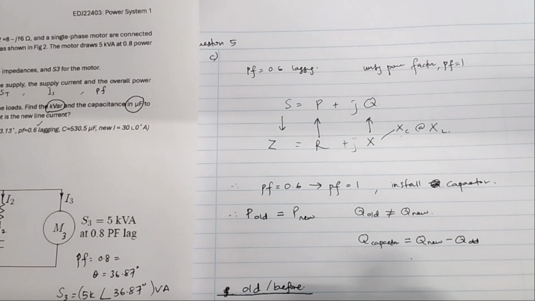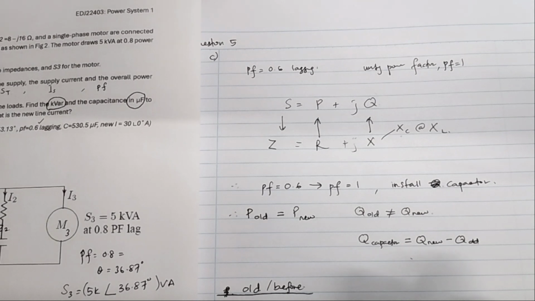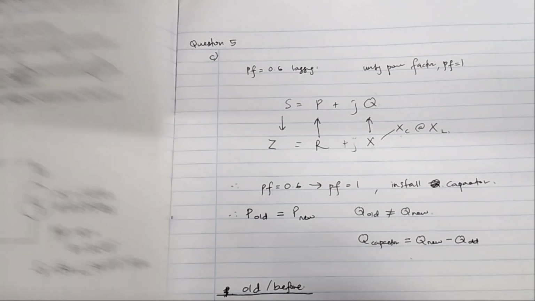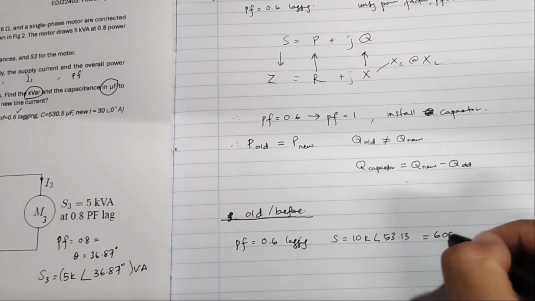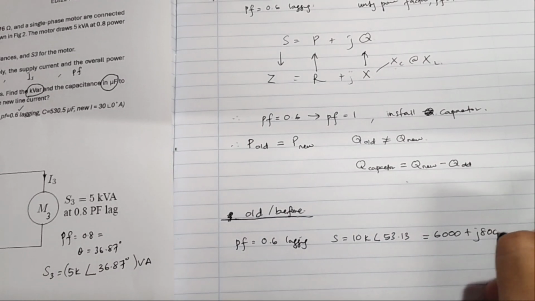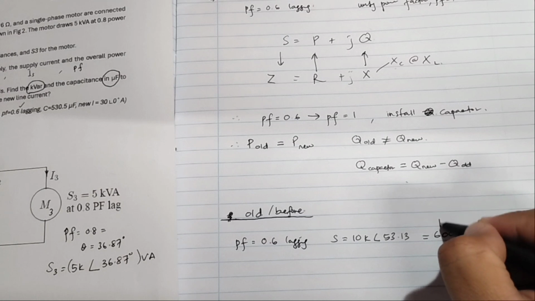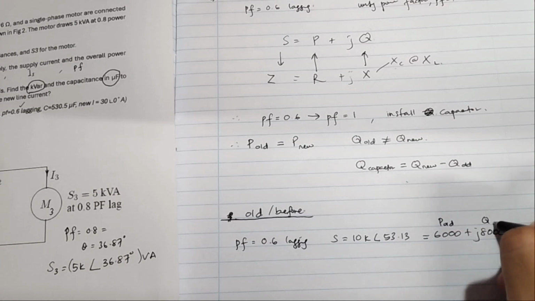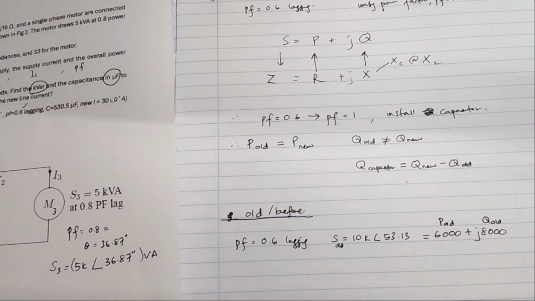S total adalah 10K angle 53.13 ataupun dalam sebutan P plus JQ, situ nilai dia adalah 6,000 tambah J 8,000. Okay, this one is old punya kan, ataupun before. So saya guna old lah. P old, Q old, S old. S old means that before install the capacitor.